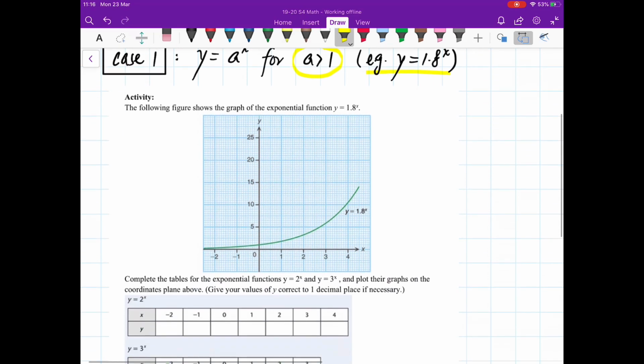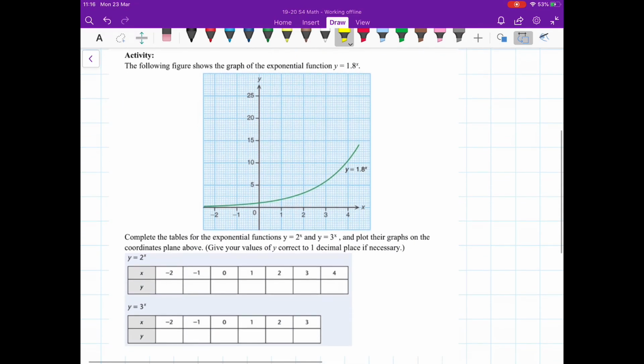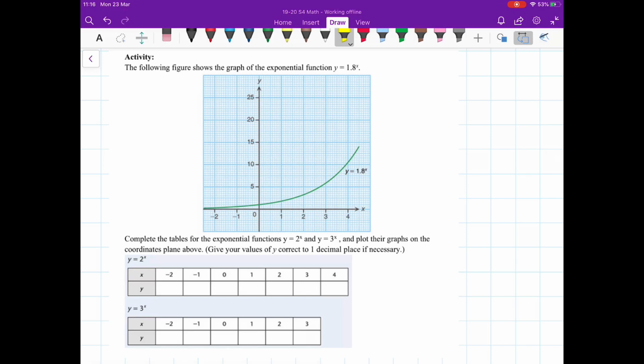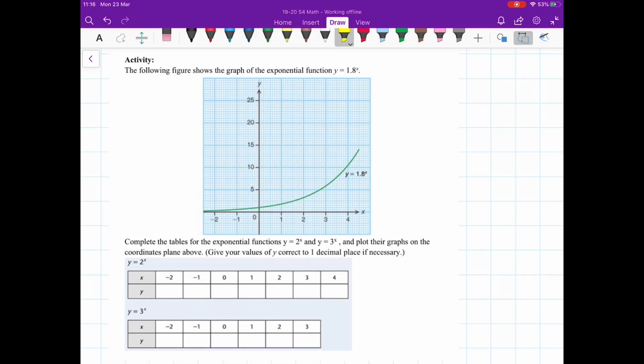As you can see, there is a graph, and the graph shows the exponential function of y equals to 1.8 to the power x. Also, there are two tables representing y equals to 2 to the power x and y equals to 3 to the power x.